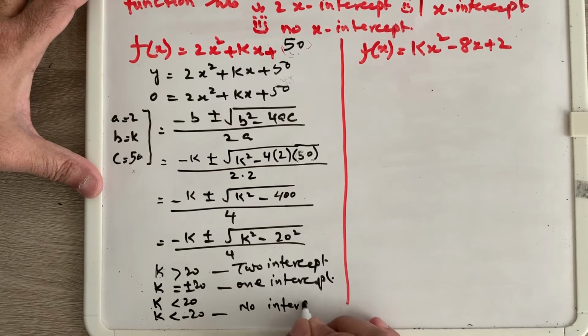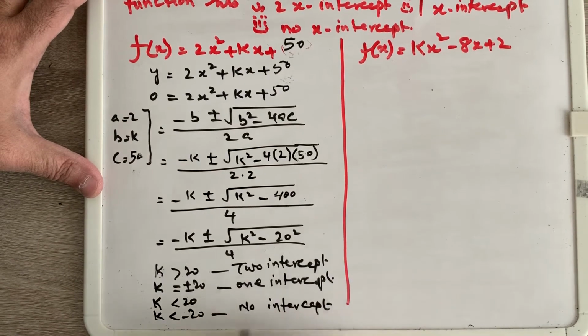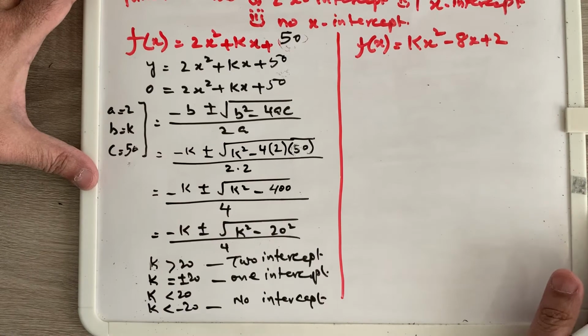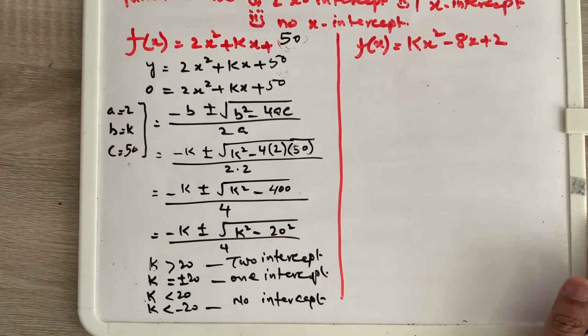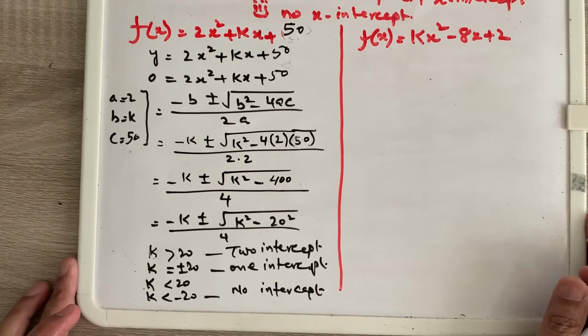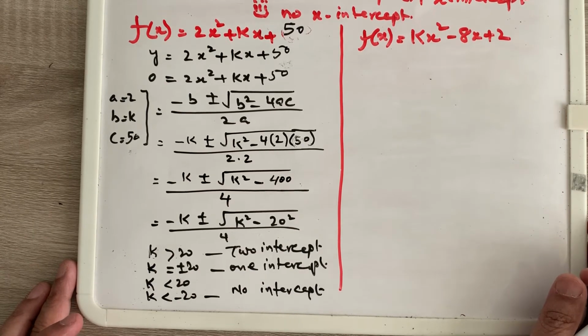We are finding the x-intercept because we have kept the value of y equal to 0. So we have the solution: what values of k are limiting how we have 2 x-intercepts, 1 x-intercept, or no x-intercept, with k as a determining factor.